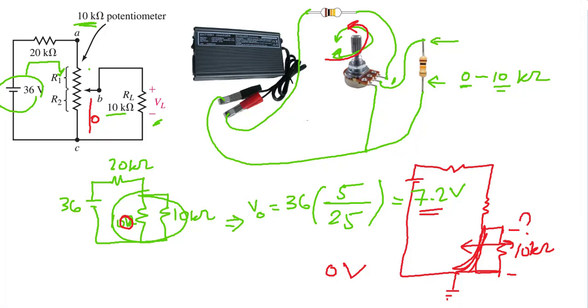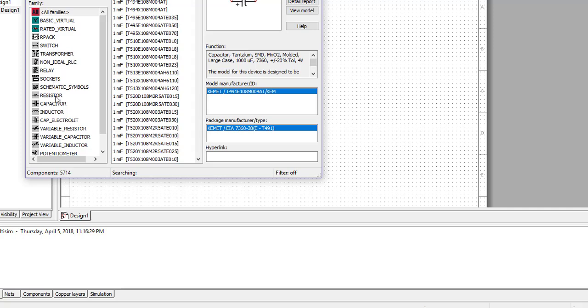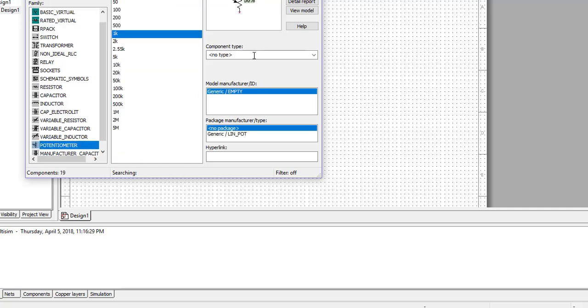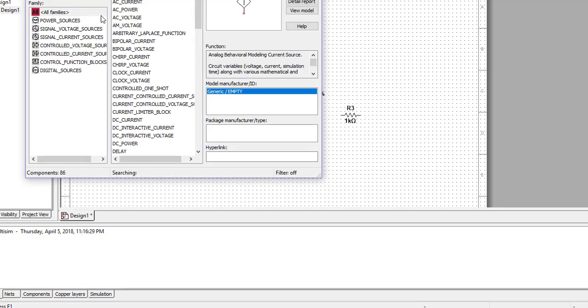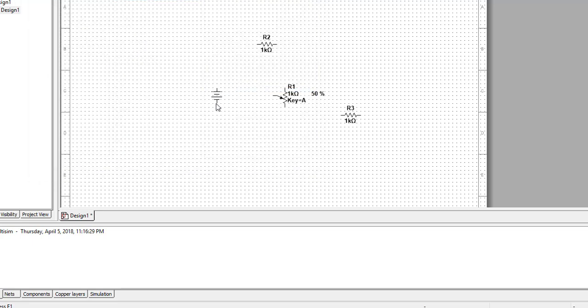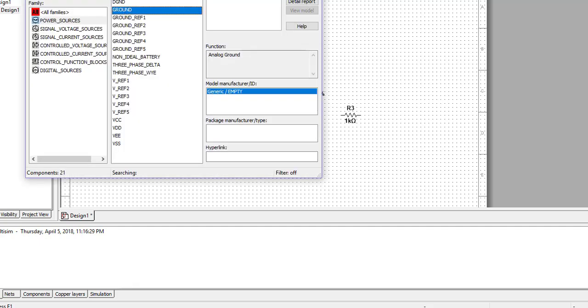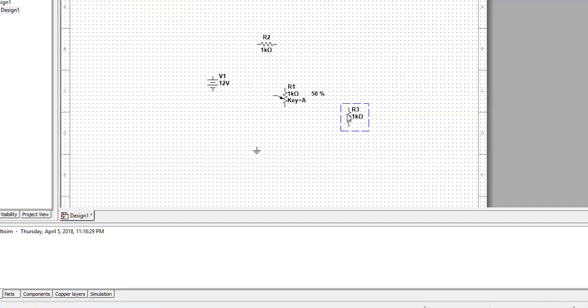Now, to show you this using Multisim, let us choose a potentiometer. Here it is. And choose a resistor, another resistor. We need a source, and we need a ground. Okay, so that's it.